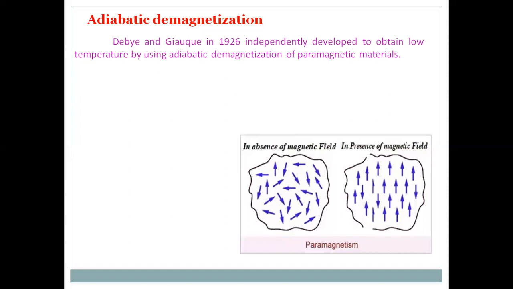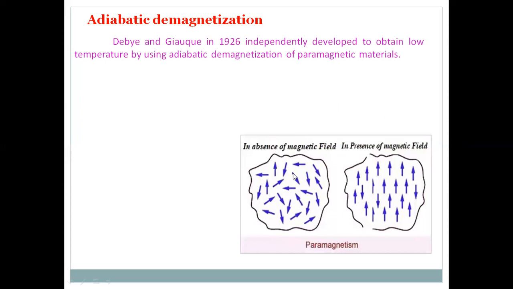You see in this diagram, this is the first diagram, which is the original paramagnetic material in the absence of a magnetic field. If there is no magnetic field, all the molecules in the paramagnetic material are in different directions like this.